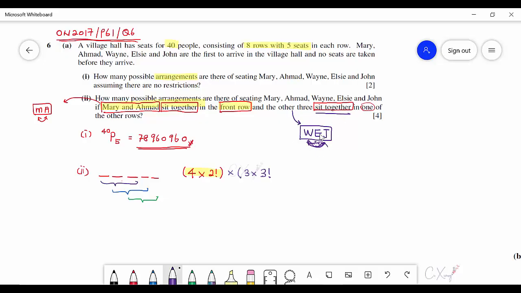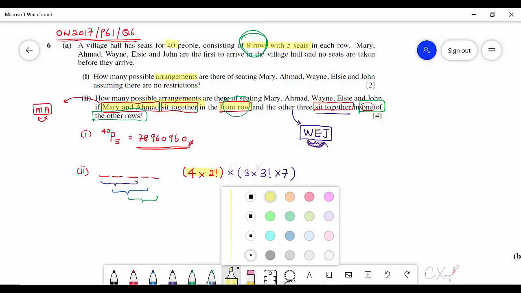After that, we have one more important part here. They said they can be sitting in one of the other rows. We have 8 rows in total. The front row is occupied by Mary and Ahmad already. Therefore, we still have 7 rows that can put them in any one of the rows, so you have to multiply by 7.